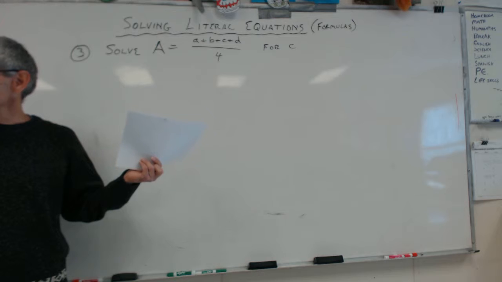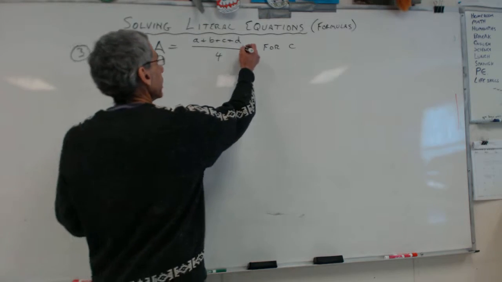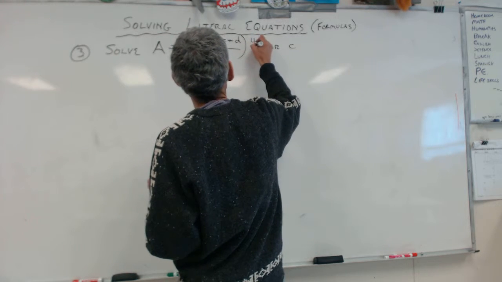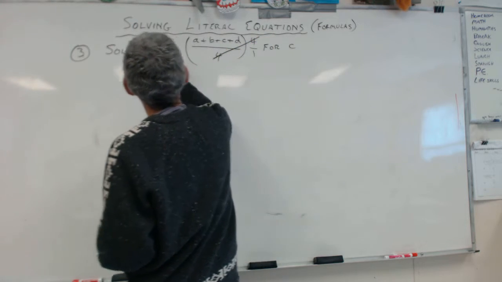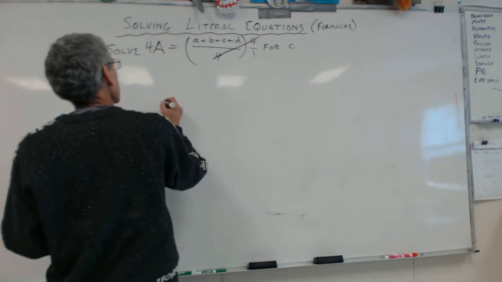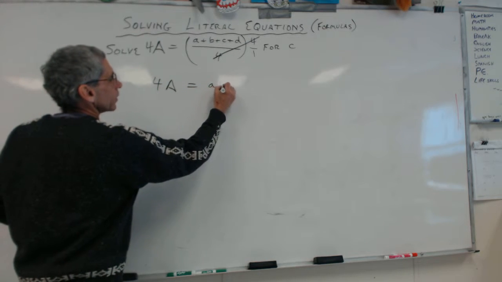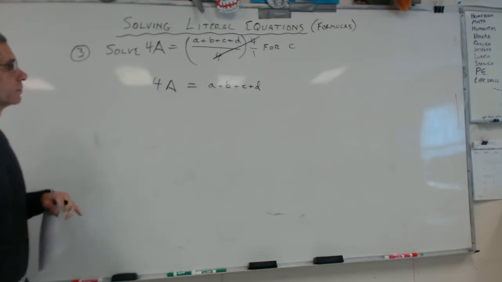If I multiply this by 4, which is 4 over 1, the 4's cross out, and I have to multiply this side times 4. So suddenly I have 4A is equal to a plus b plus c plus d. I'm almost there.